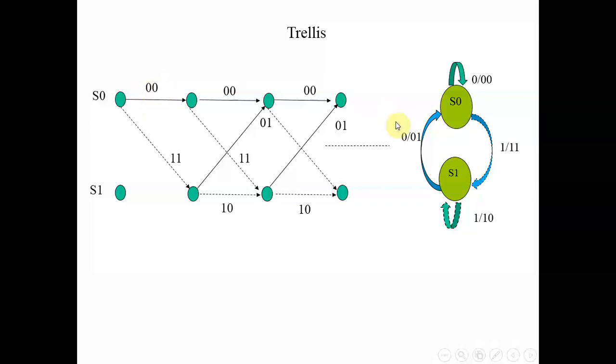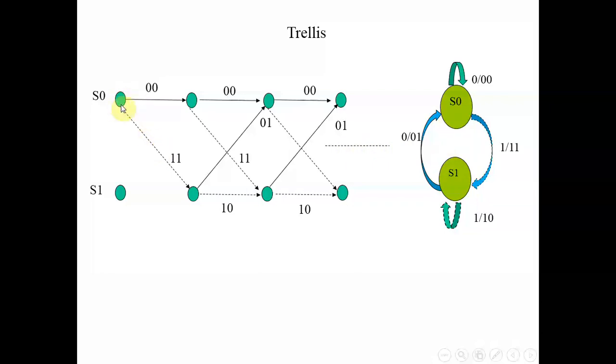And when you receive 1, you move to S1, which is the dotted transition, and your output is 1 1. So from S0 we move to S1. We don't show movement in this direction because we are going to move to S1 in the next clock cycle. So the trellis will keep on expanding in the horizontal direction. So with every clock the trellis will keep on moving towards right.